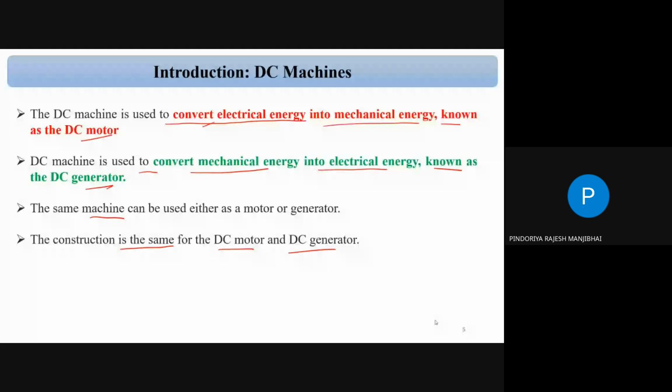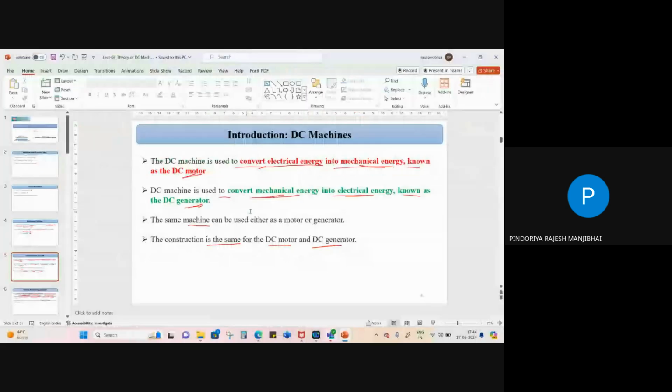For a DC motor, the input supply voltage is electrical energy and the output is mechanical energy. A generator is just the reverse: input mechanical energy into electrical energy. Correct?